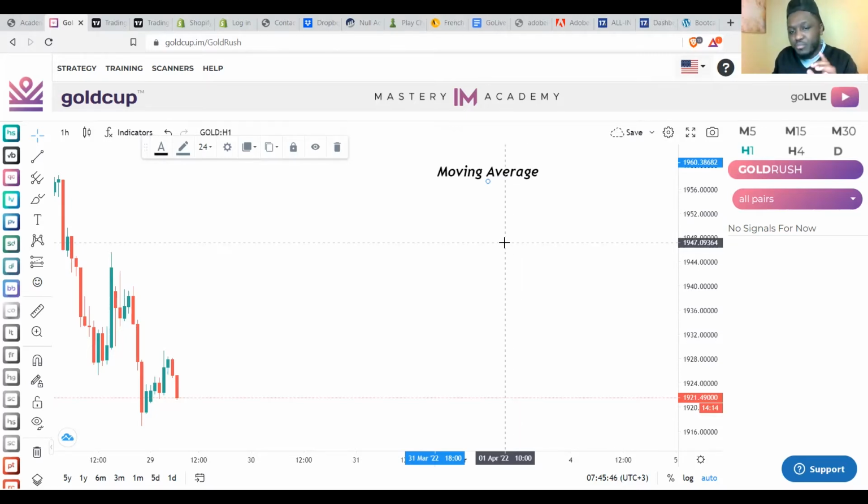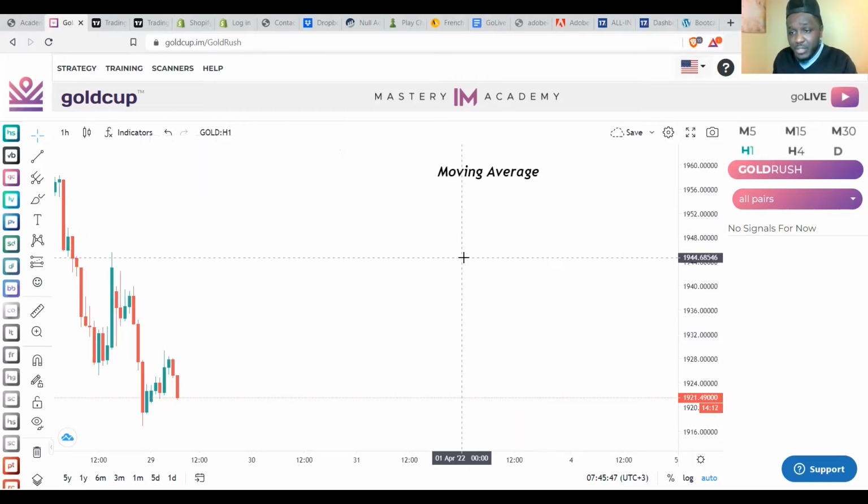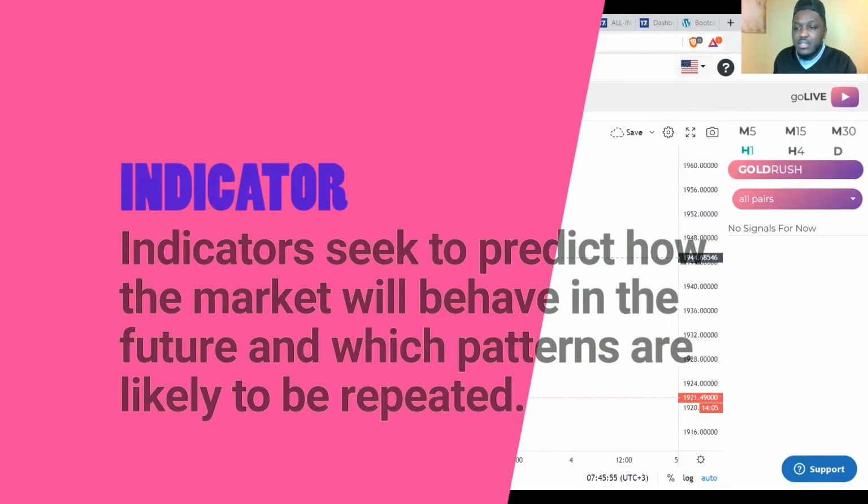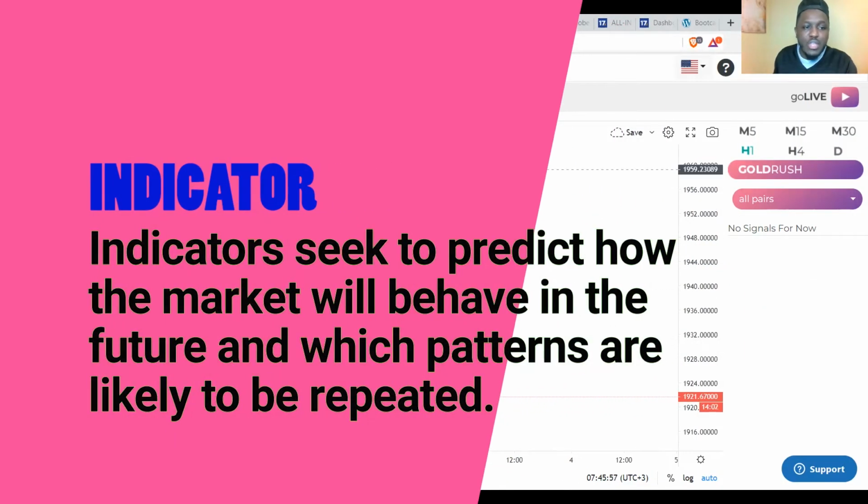So moving averages, first of all, are an indicator. Indicators are basically written algorithms that help us see where the market is going.